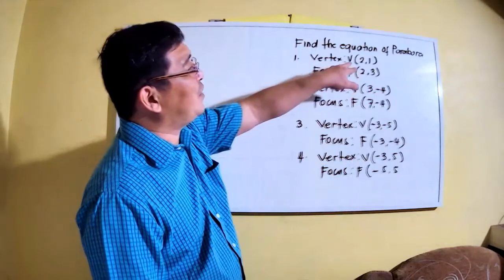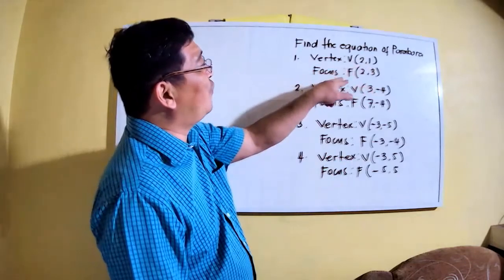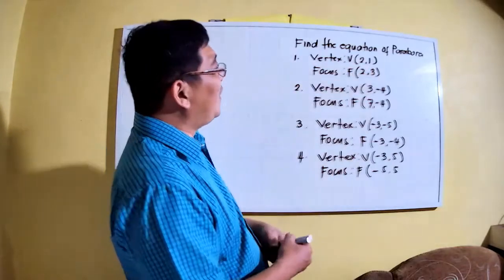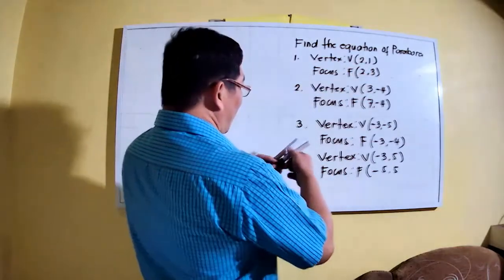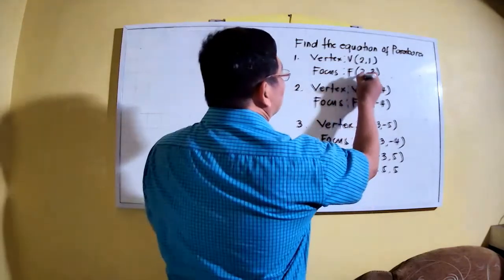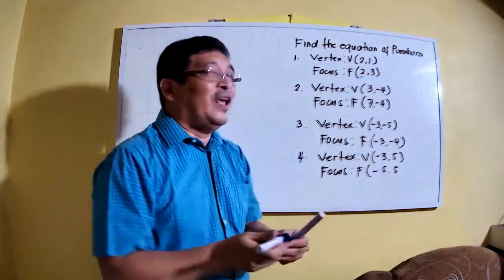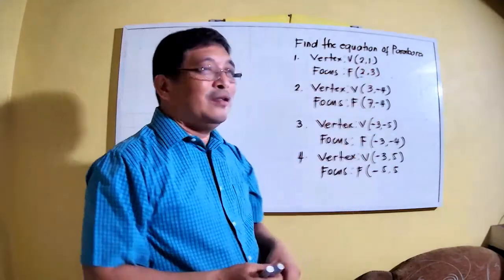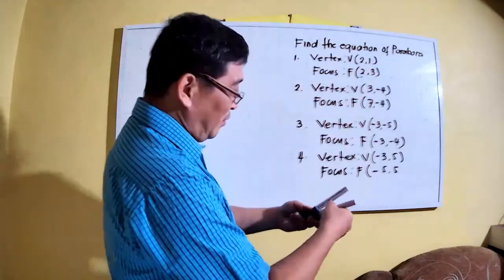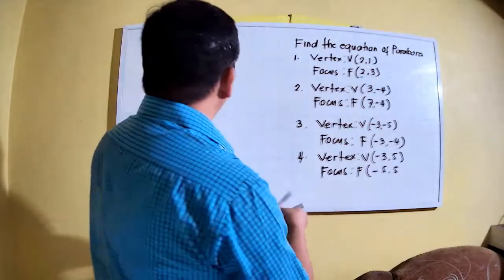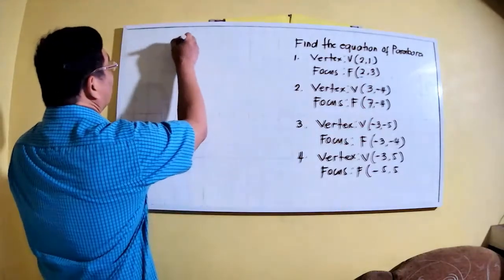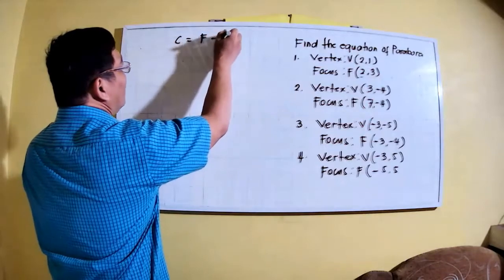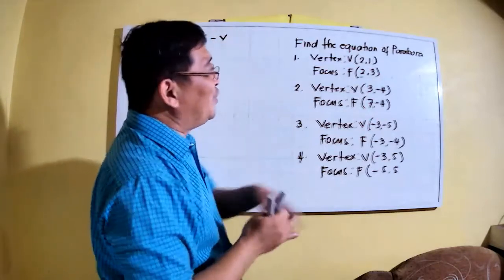Number 1, vertex is at (2, 1), and focus F at (2, 3). So, kung makikita niyo yung given, magkamukha yung x value, yung coordinate ng F and B. Ang ibig sabihin yan, hindi natin pwedeng gamitin yung formula na c is equals to F minus B dito sa x value.